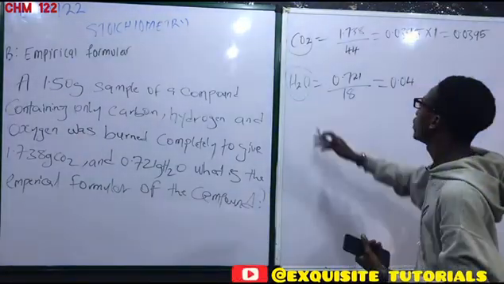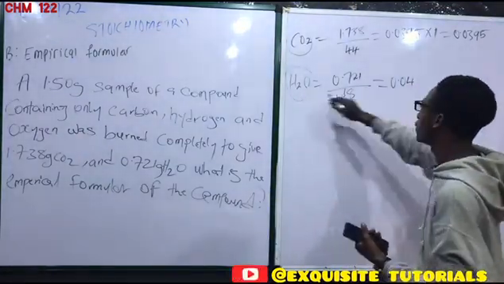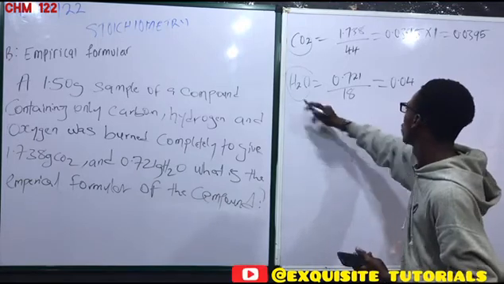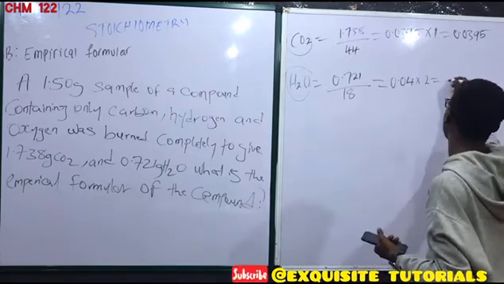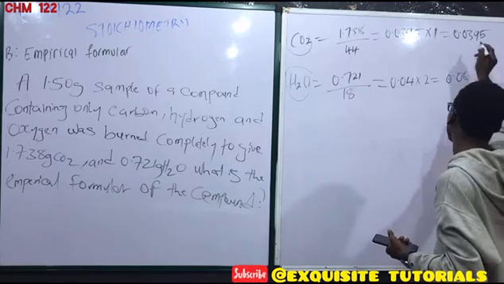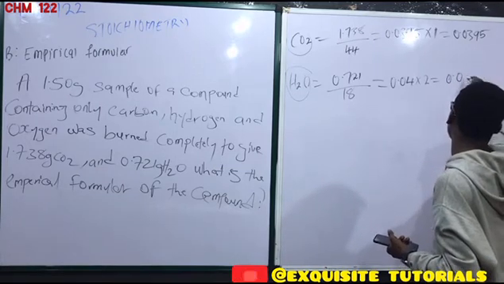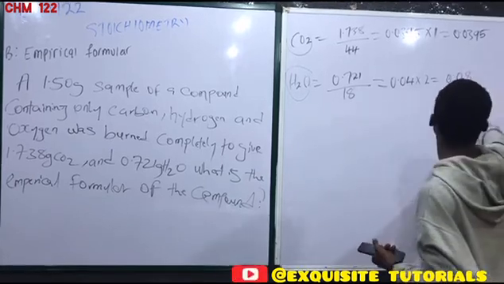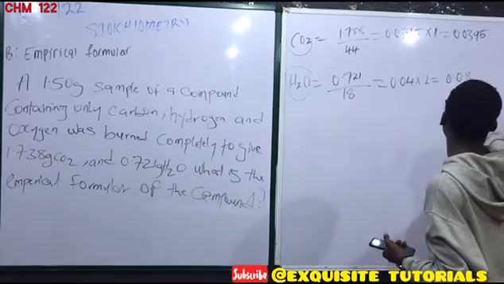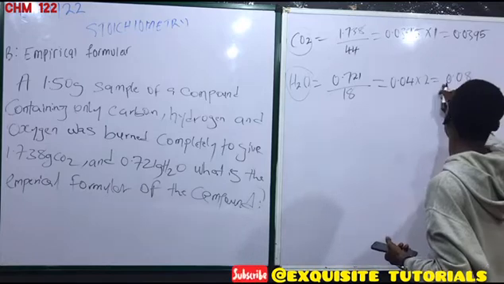Alright, so here when we're multiplying, since hydrogen here is 2, we're multiplying it by 2 as well as we did here, so we're having 0.08. Alright, now this is the mass of the compound.